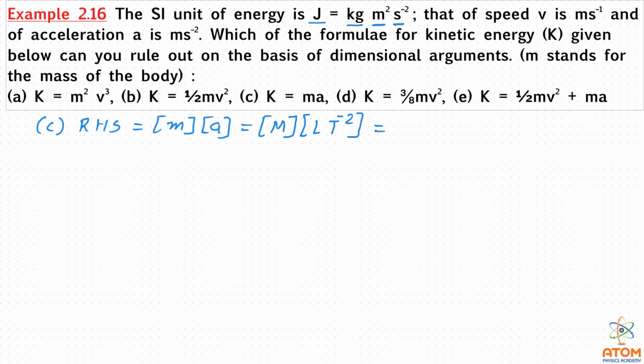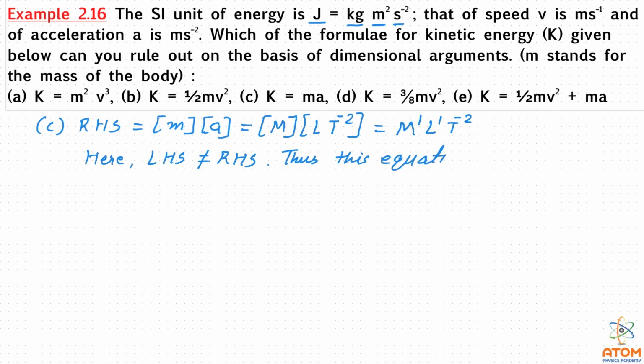So as a whole, this becomes M1 L1 T minus 2, which is not equal to the left side. So here left hand side and right hand side is not same. Thus this equation is wrong, obviously.